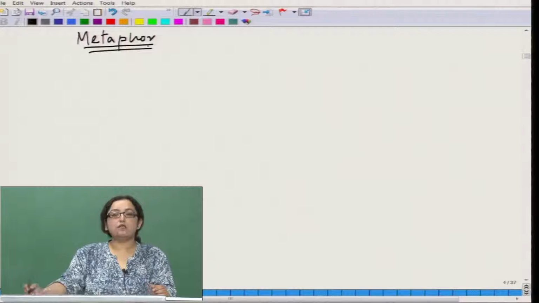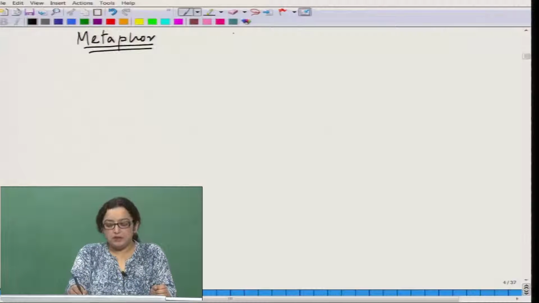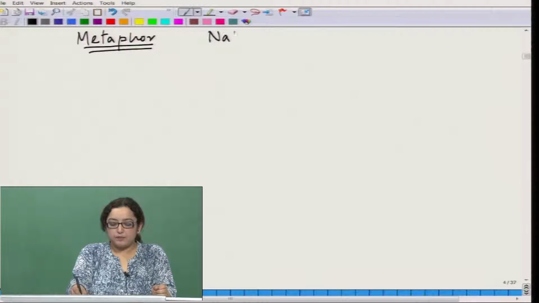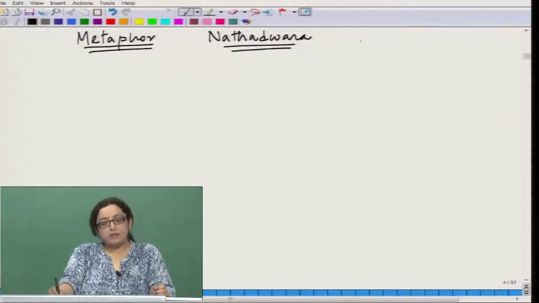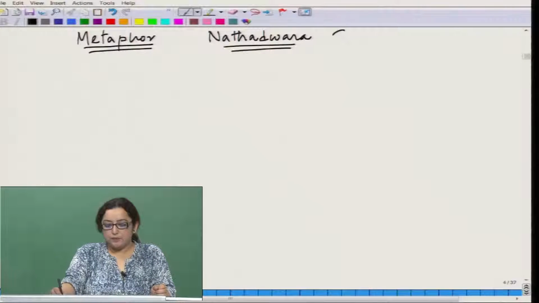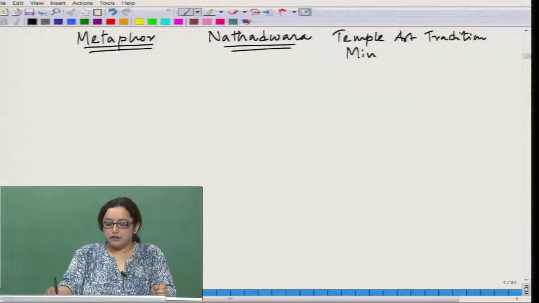Indian art is full of metaphor. So, if we take a traditional painting from Nathadwara, this is a temple, it is from a temple tradition of Nathadwara, of a miniature painting.